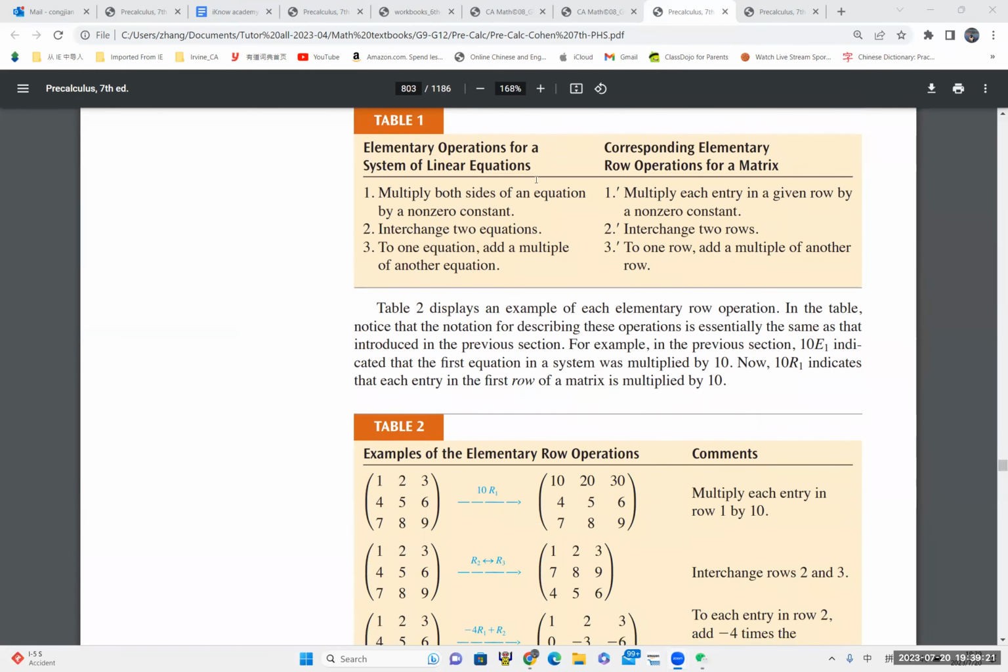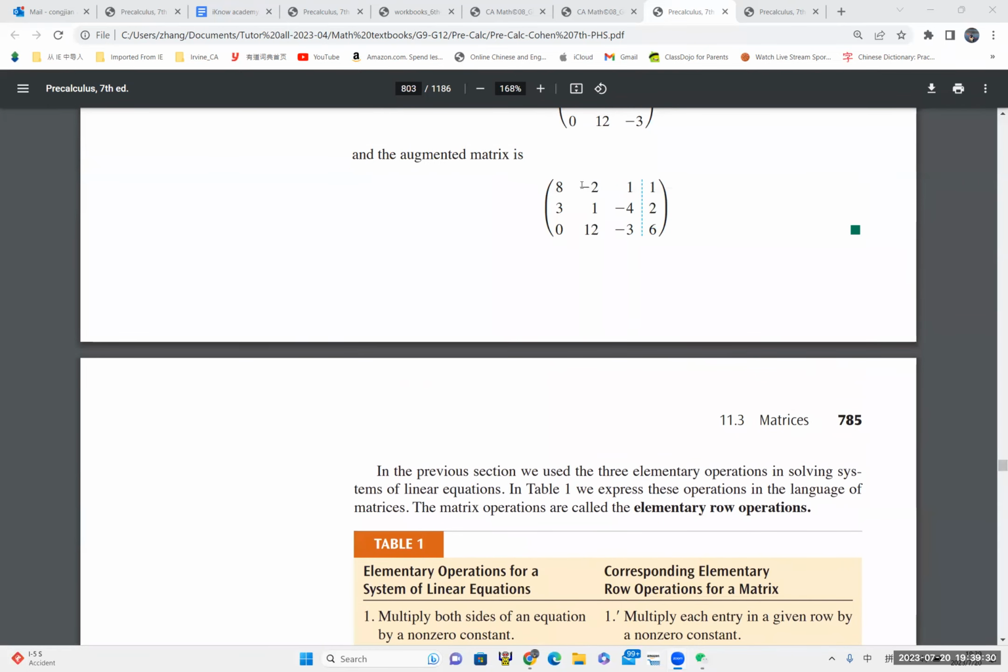Some elementary operations: you can think of each row as representing a linear equation, right?